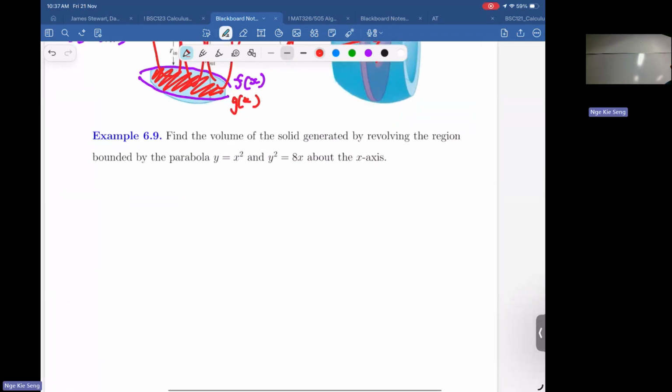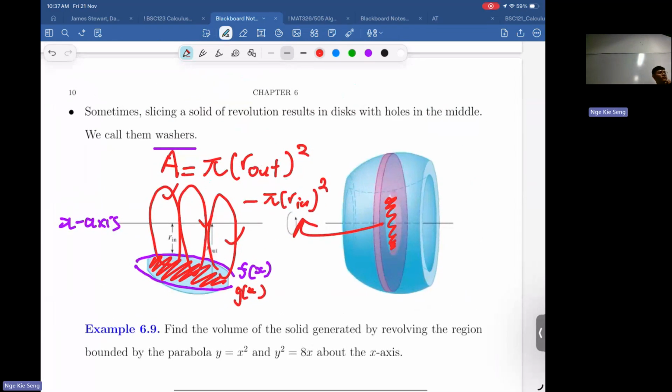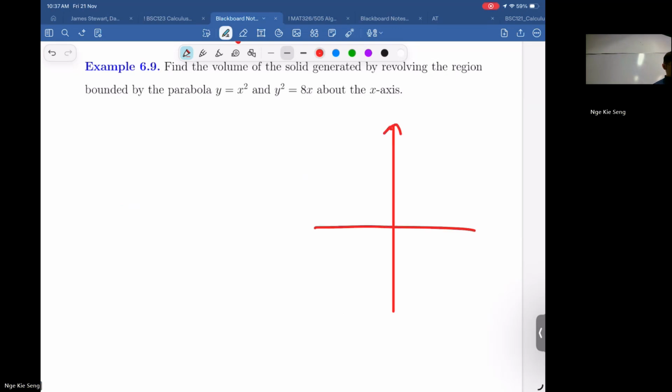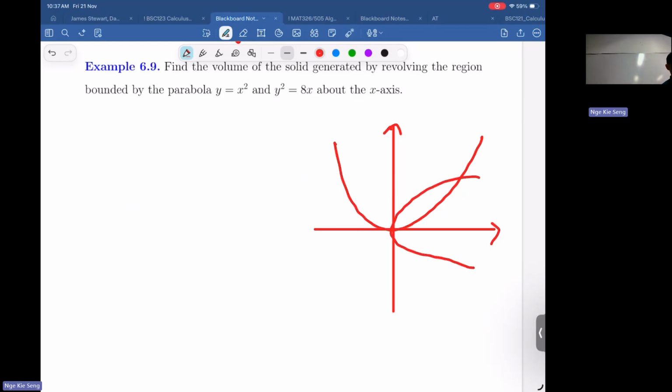Okay, let's try this. Any questions so far? No? Okay. Let's find the volume of the solid generated by revolving the region bounded by the parabola y equals x squared, so let's draw it, and y squared equals 8x. Just now we decided y squared equals 8x is the parabola facing to the right.